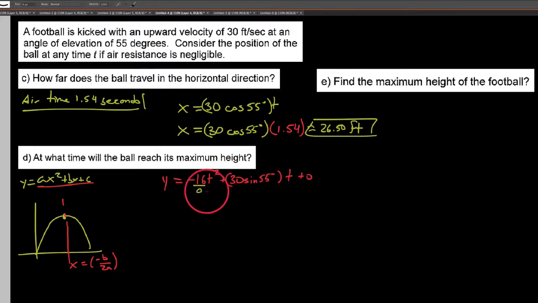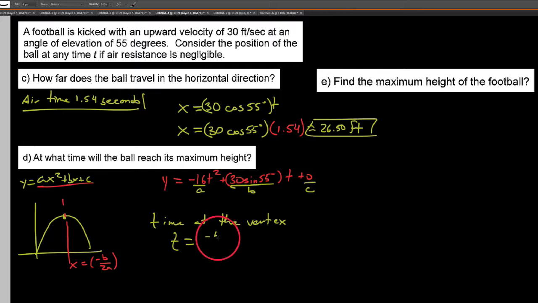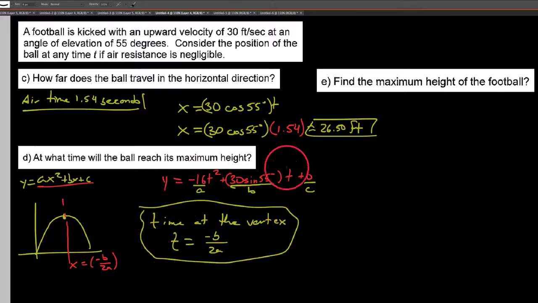We really have our ax squared plus bx plus c. So in order to find the time at the vertex, we want to write this down here. The time at the vertex is always given as t equals negative b over 2a. So we're just going to take our y equation and do negative b over 2a.